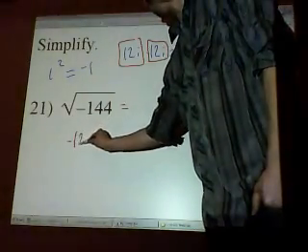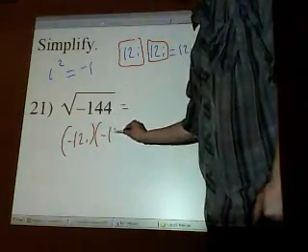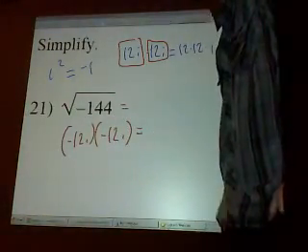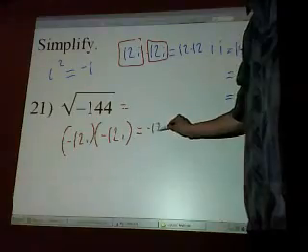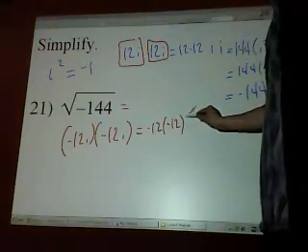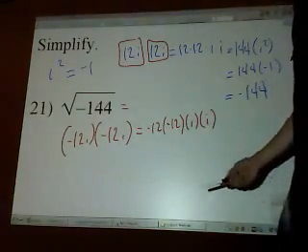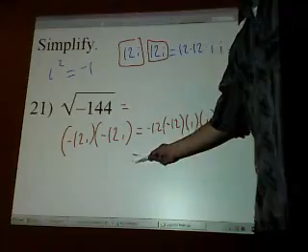Let's try negative 12i now, just to make sure that our plus and minus theory is correct. We have negative 12 times negative 12, times i times i; we just rearranged the order of the numbers.